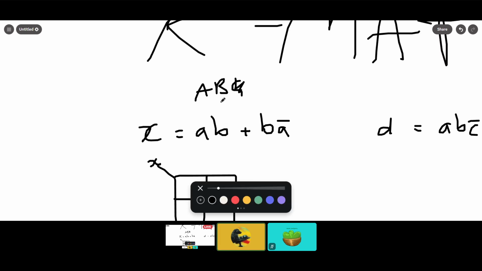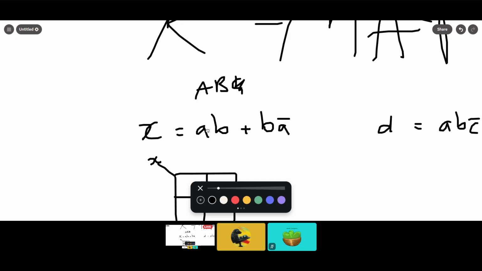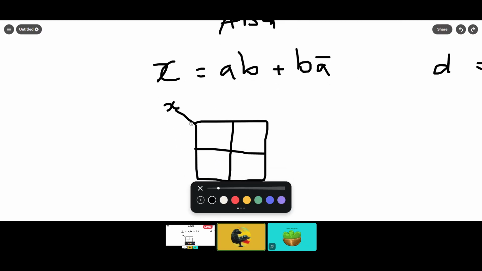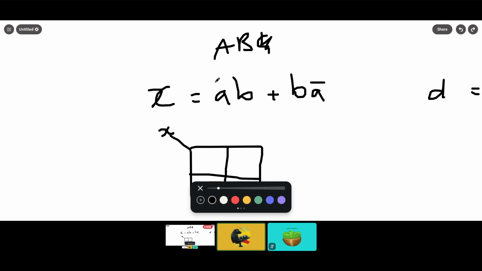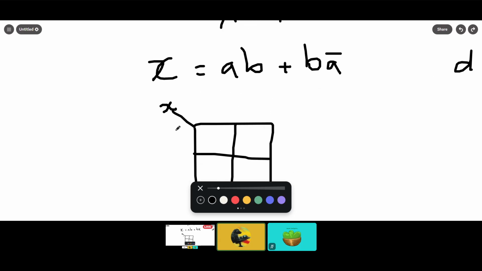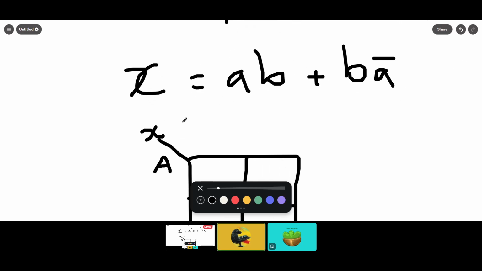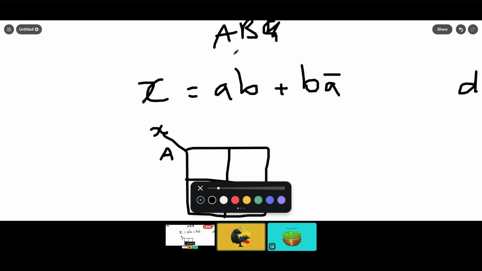Look at the order at which they give you the variables. They start with a, then they go on with b. So now you're going to draw your variables in these circles, starting at the bottom. We start with a, that means we write a here. Then next is b, so we write b here.